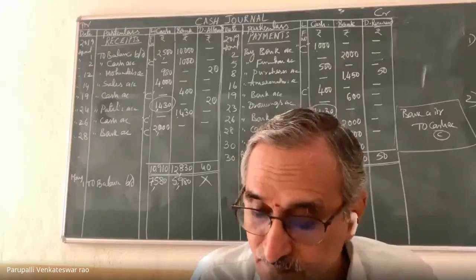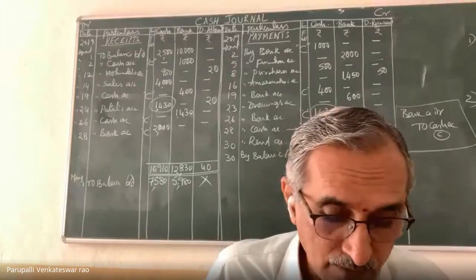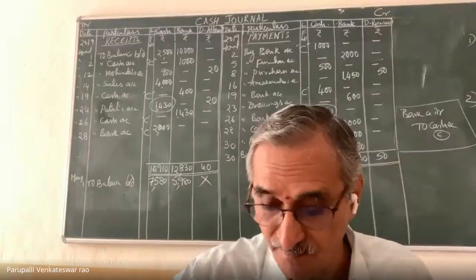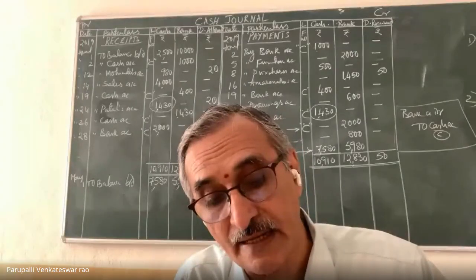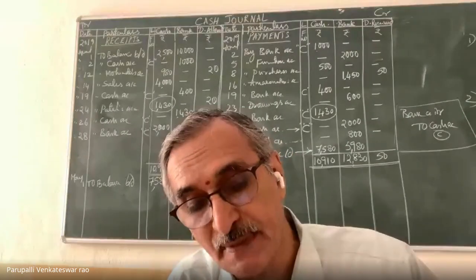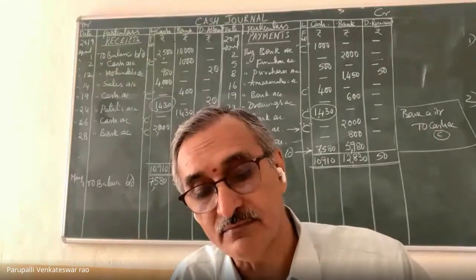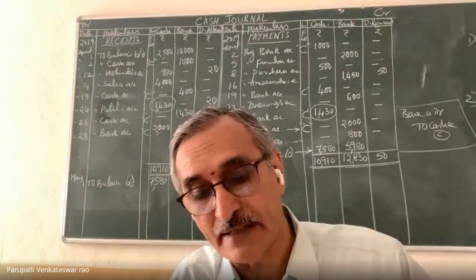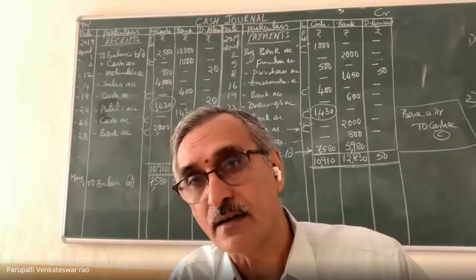Ninth problem, second one, page number 46, July 2nd: paid into bank, incurred operating expenses. By operating expenses 500, cash column.